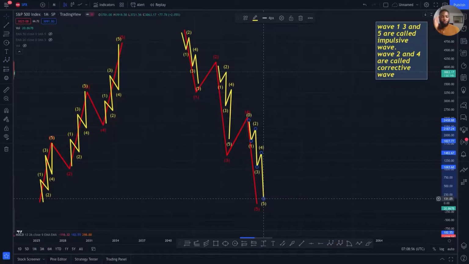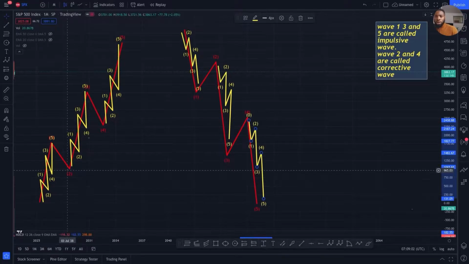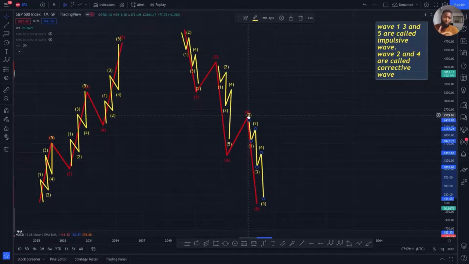If you notice, I only drew the 5-wave pattern for the impulsive waves, while for the corrective waves, wave 2 and wave 4, I didn't draw anything. Wave 2 and wave 4 are left blank because their fractals are represented in a different way.